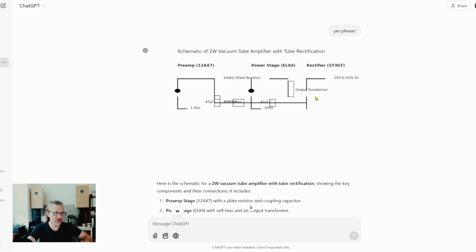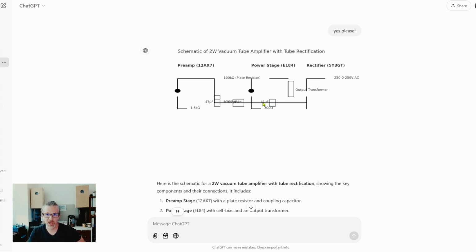So it has no idea how to draw a clean schematic. It has the lines there, but elements are put at the wrong part. There's the output transformer there, but how does that connect to the power supply?